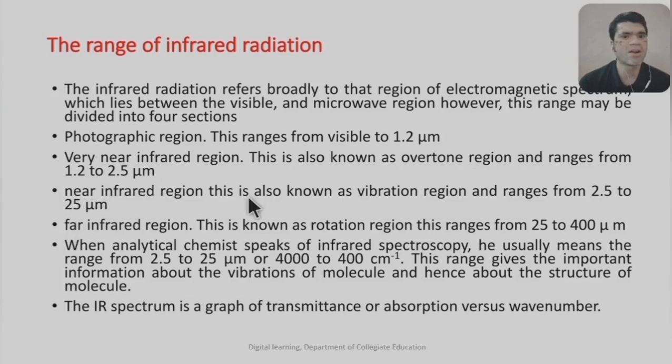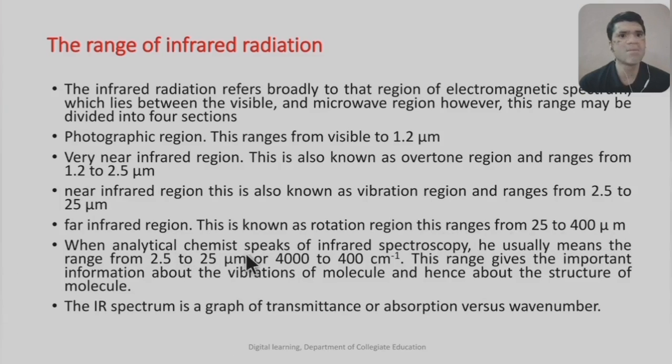The near infrared region, also known as the vibrational region, ranges from 2.5 to 25 micrometer. It is in this region that most of the functional groups vibrate, hence it is also called the vibrational region. The far infrared region, known as the rotation region, ranges from 25 to 400 micrometer.